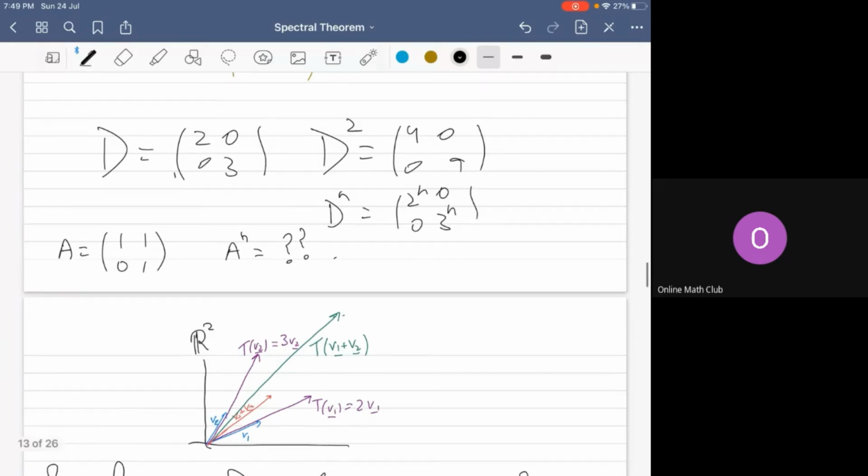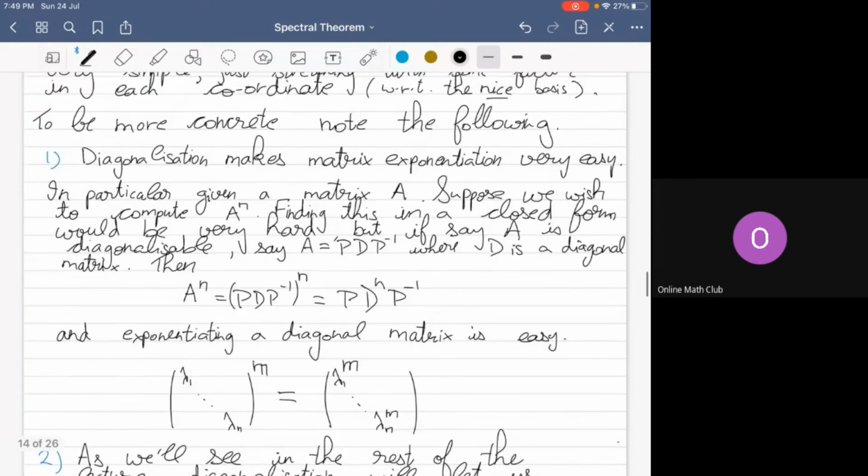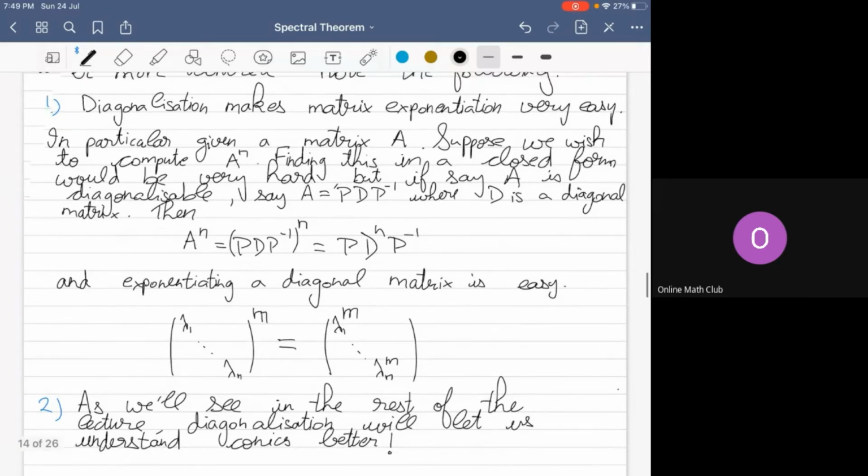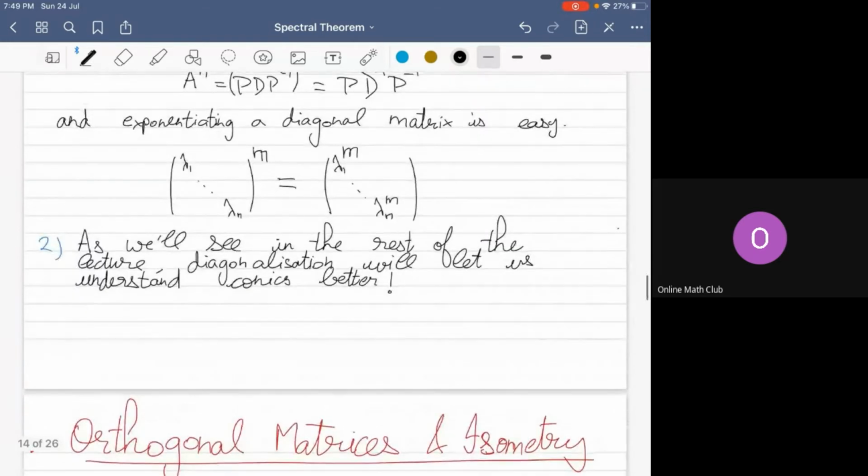So this maybe motivates a little bit of why diagonal matrices are important. And we'll see another use of diagonalization in this lecture. Essentially, diagonalizing will let us understand conics better, which would let us prove symmetries and all.